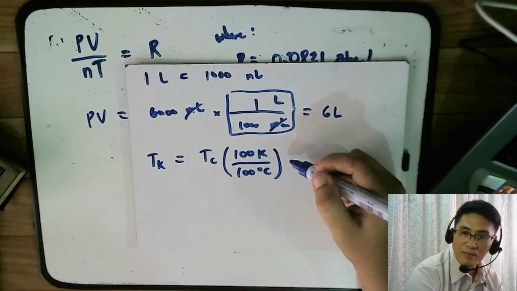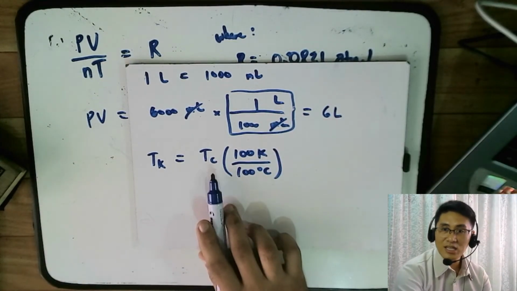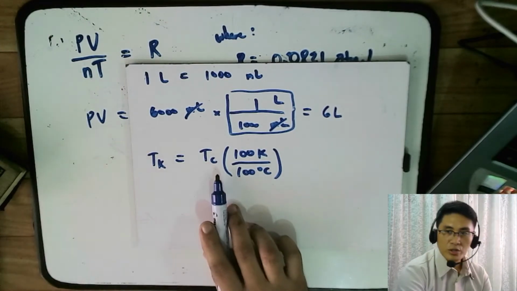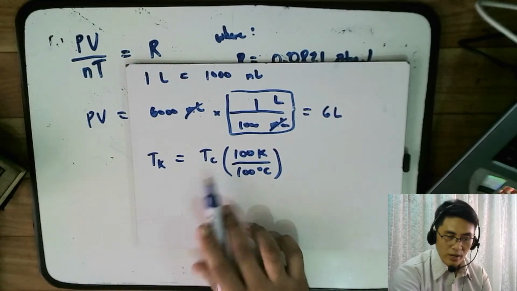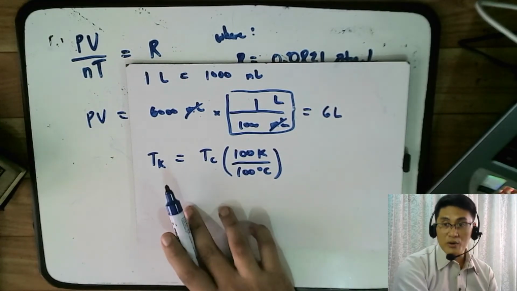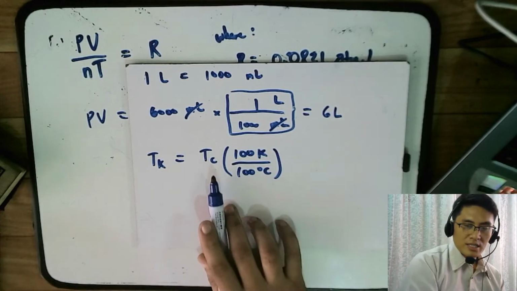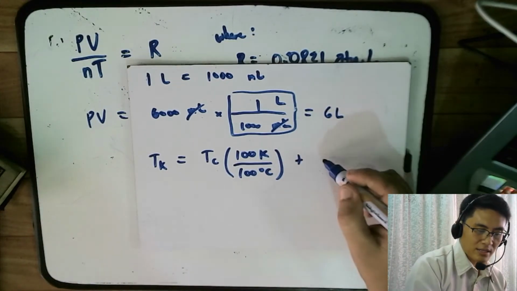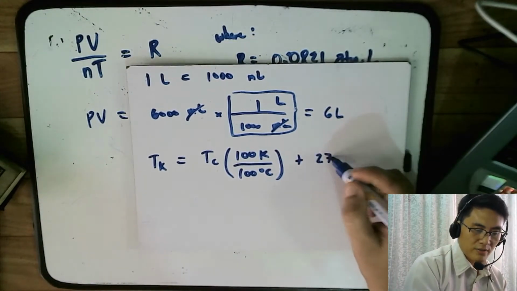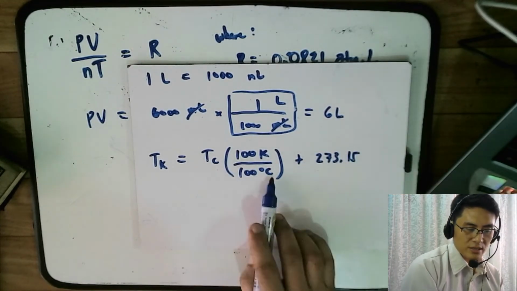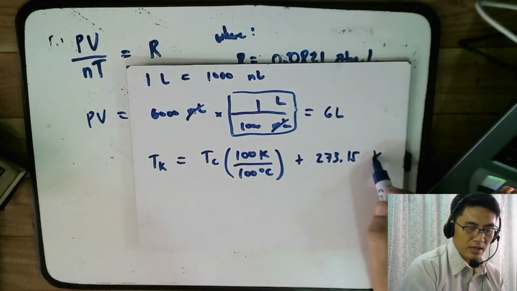And then again, remember, Celsius has a disadvantage. Remember, when Celsius is at 0, Kelvin is already 273.15 Kelvin. So it has a disadvantage, so you have to add that disadvantage, which is 273.15. And remember, this is already in Kelvin because you cancel out the Celsius. This must be in Kelvin.